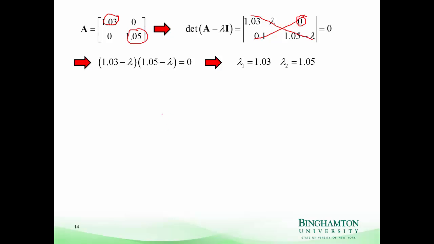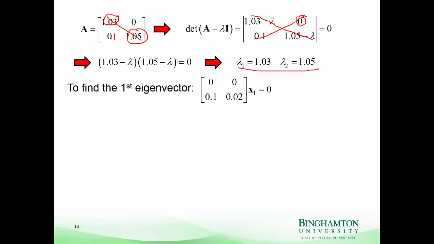We said that for a triangular matrix, the eigenvalues are, oops, I have an error here. This should be 0.1. So you might want to fix that in your notes in case I don't remember to fix it. So for a triangular matrix, the eigenvalues are along the diagonal. And we see that we do indeed find that here.